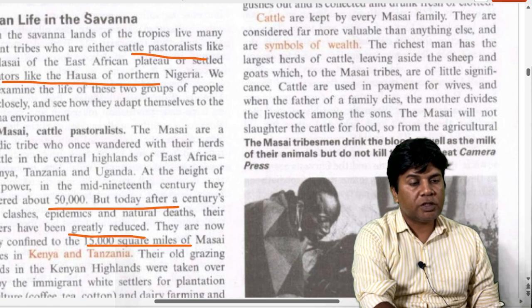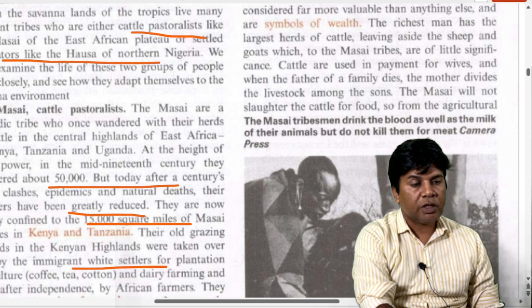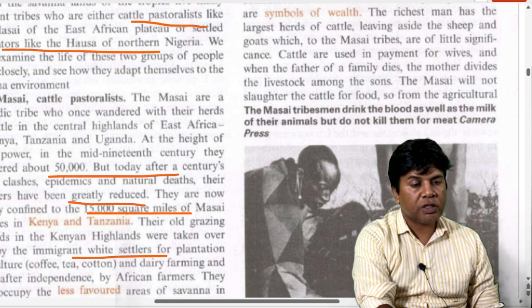Their old grazing ground in the Kenya highland was taken over first by the immigrant white settlers for plantation agriculture and dairy farming, and later after independence by African farmers.